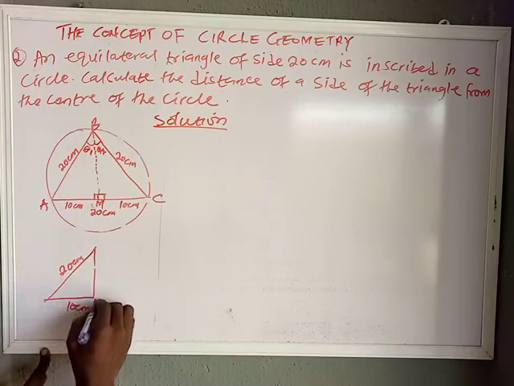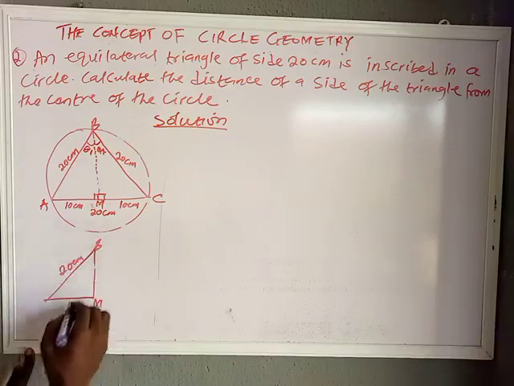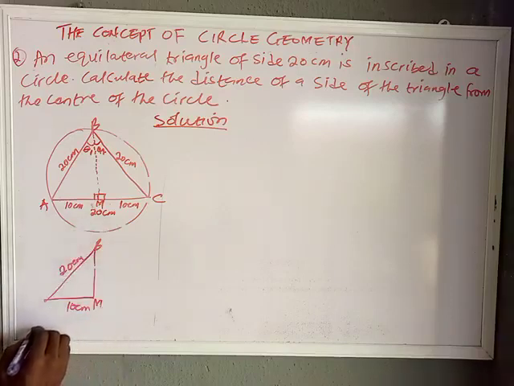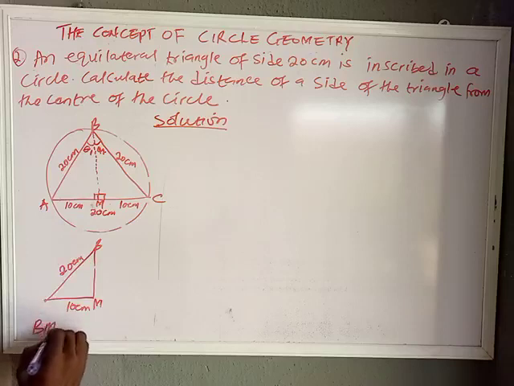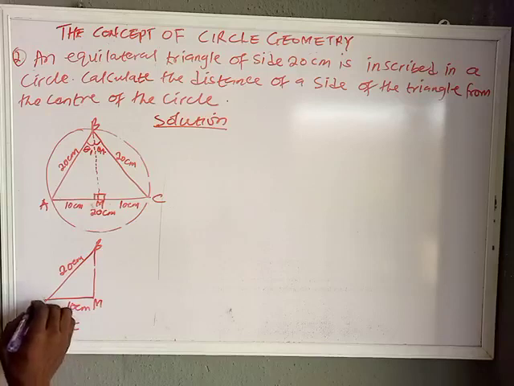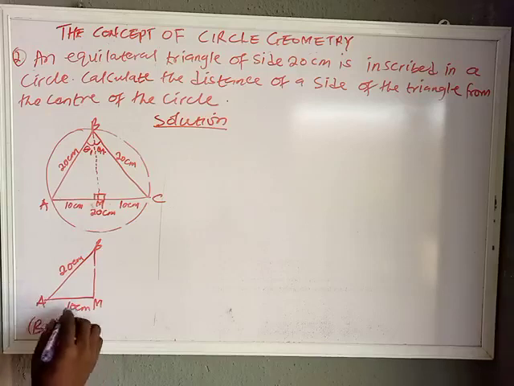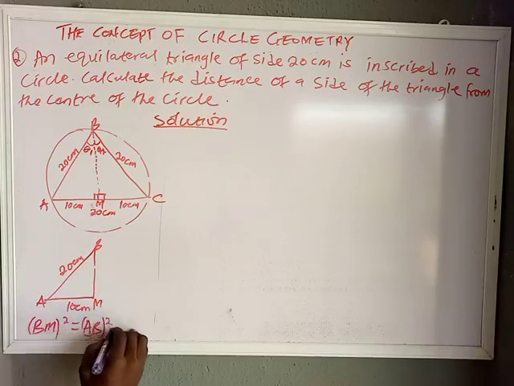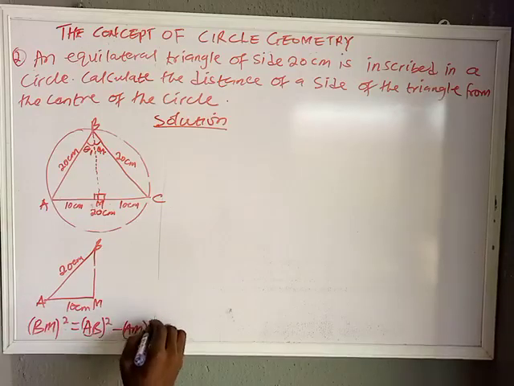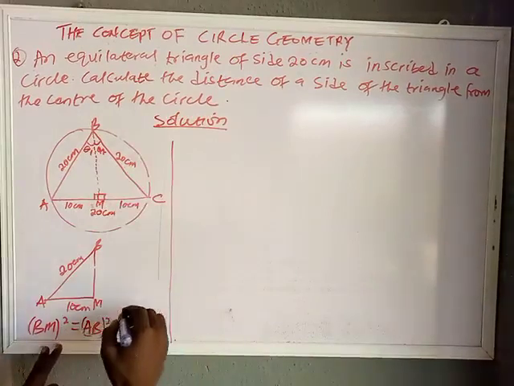This is M, this is B. So BM squared is equal to AB squared minus AM squared.